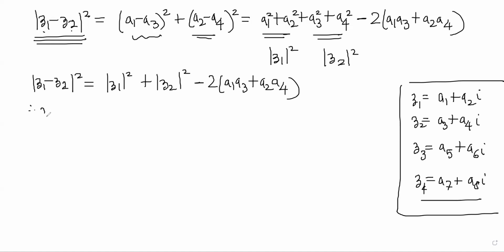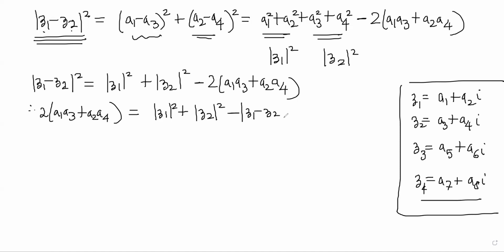So therefore, 2 times A1 A3 plus A2 A4 is equal to mod of Z1 square plus mod of Z2 square minus mod of Z1 minus Z2 square, right? Great. And similarly, you can write relations for all of these complex numbers. You can write exactly identical relations. This is the equation 1.